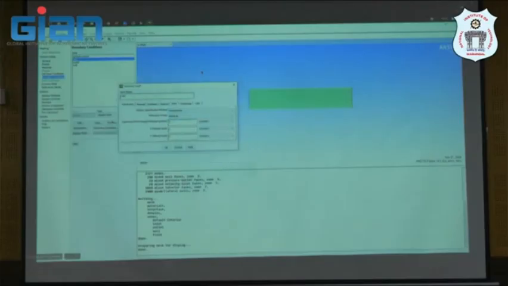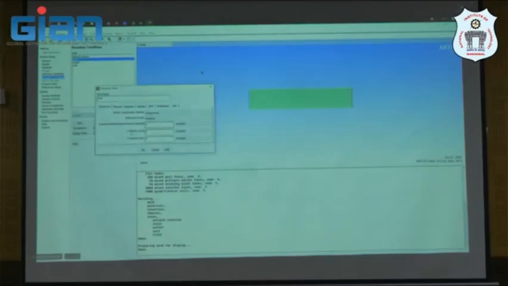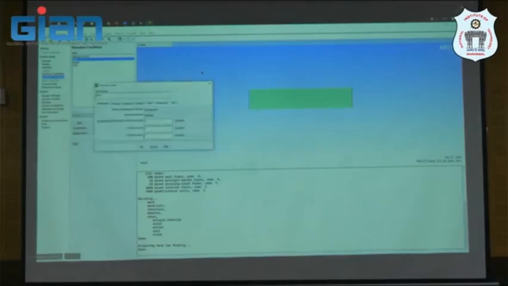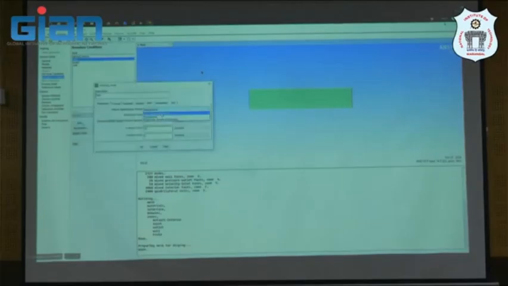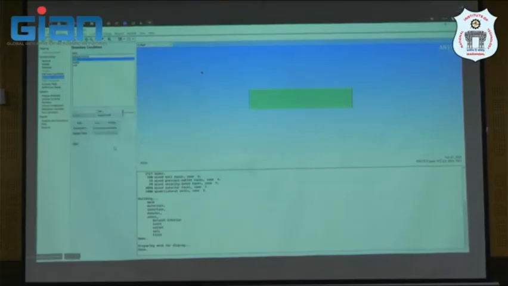In this menu, we can define the x direction velocity and y direction velocity. Here we can use the x 10. It's the same. Same as this function.